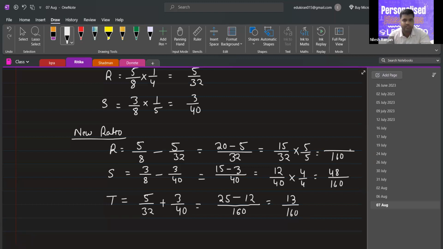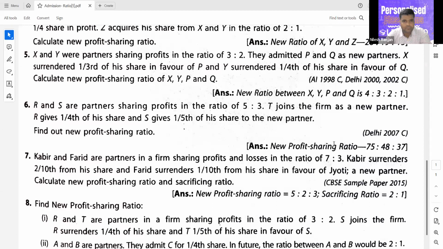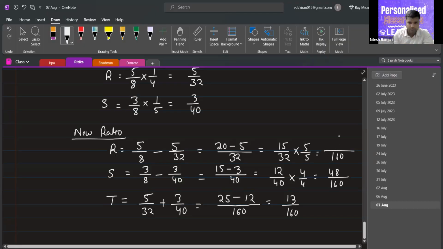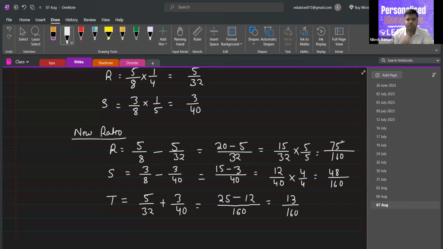Like, it is something incorrect here. This is plus actually. This is plus.